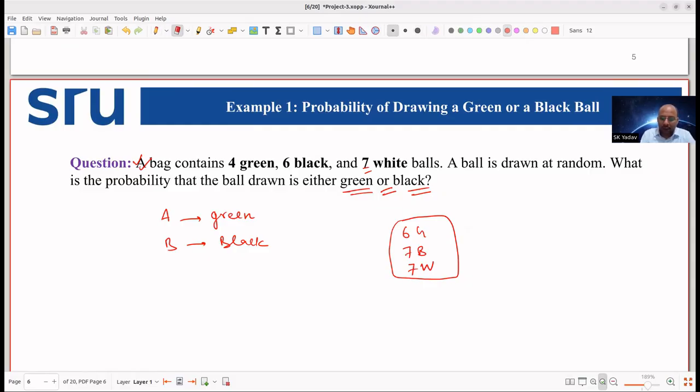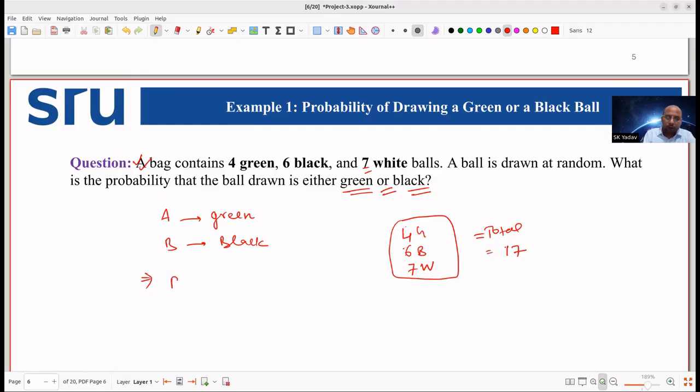No, I'm making a mistake here. Let's correct it: 4 green, 6 black, 7 white. So 4 plus 6 is 10, and the total is now 17.